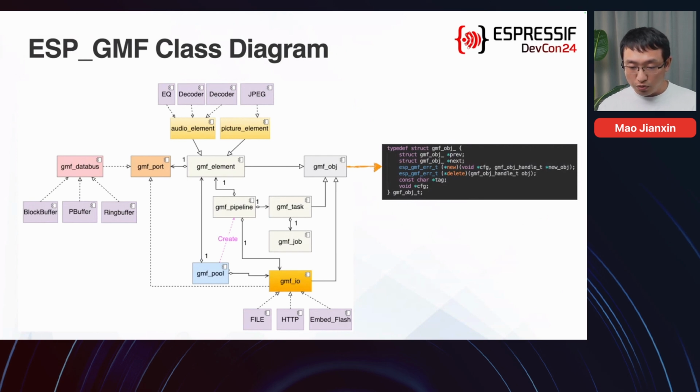The three modules GMF element, GMF IO, and GMF task inherit from GMF object. The GMF IO class is an abstract implementation of input and output streams, providing a unified interface to the outside. Common GMF IO implementations include File, HTTP, Flash, and I2S.